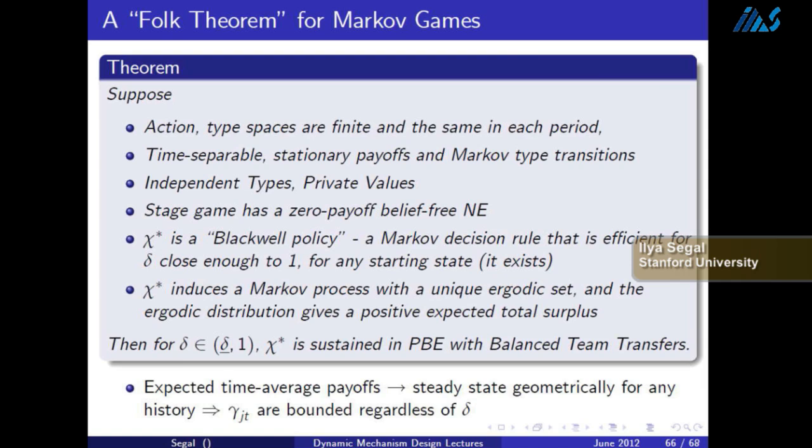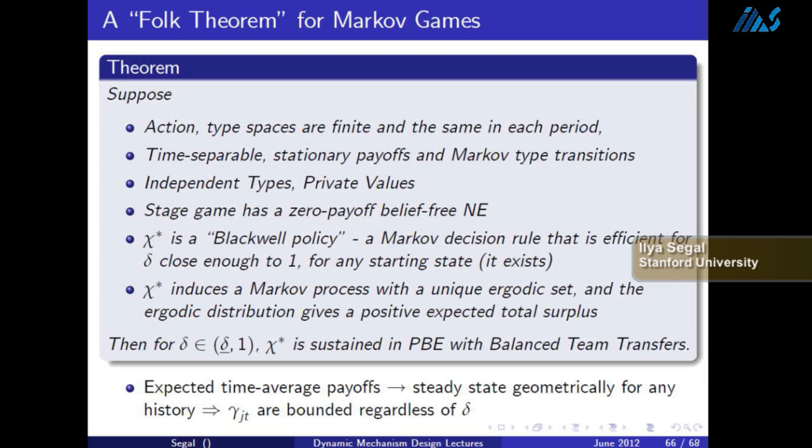Okay, now we'll also use the concept of a Blackwell policy. Okay, so what's a Blackwell policy? If you read about decision-controlled Markov processes, there's a theorem, not so hard to prove, that there is a policy, a decision rule, that will be optimal for delta close enough to 1.